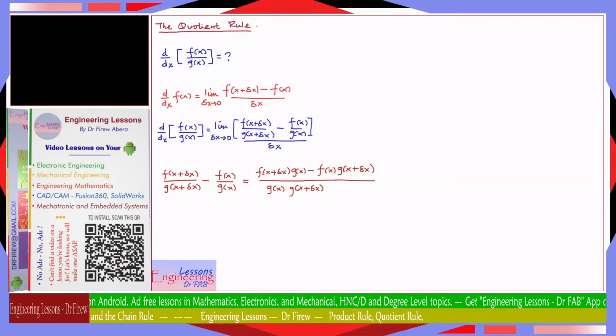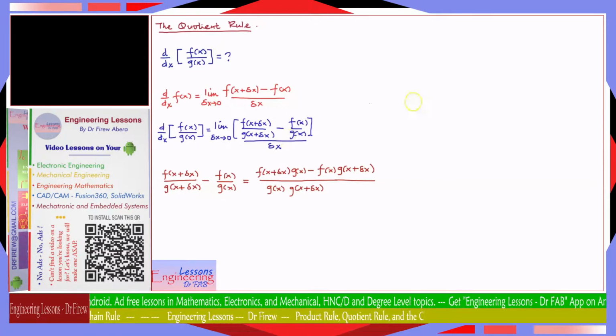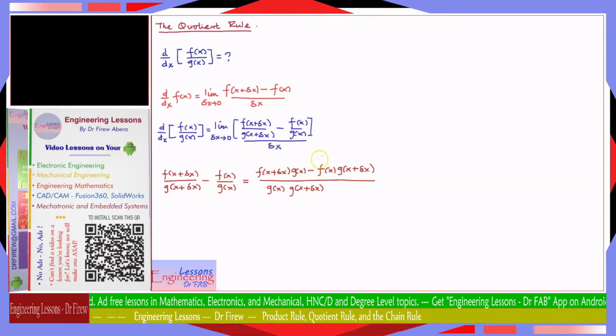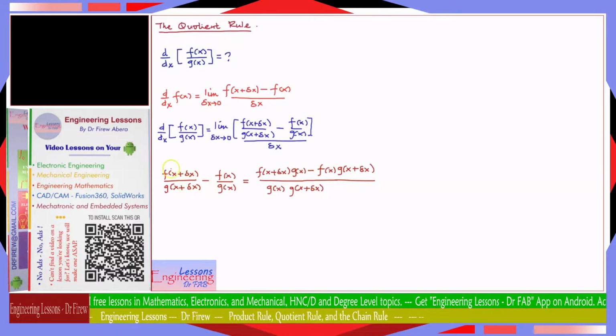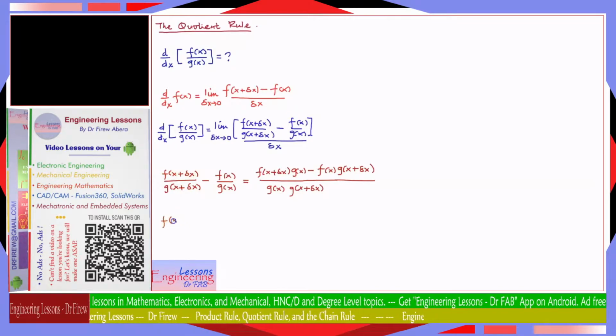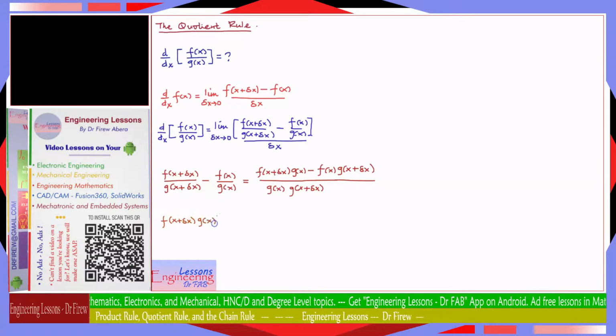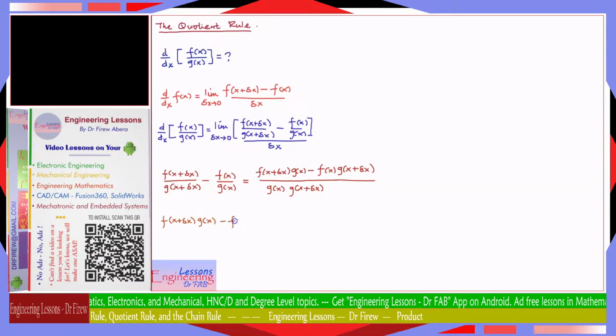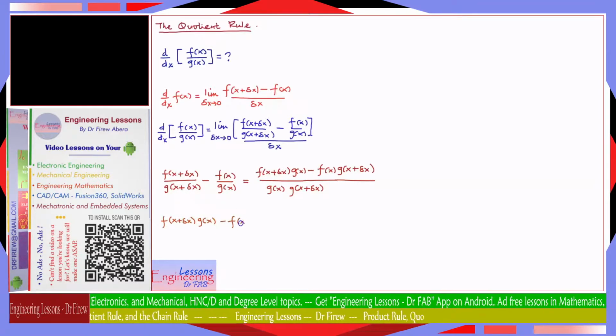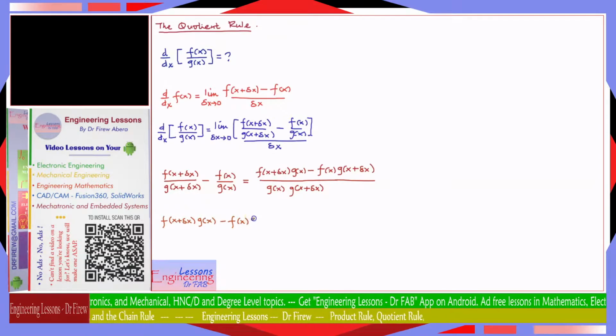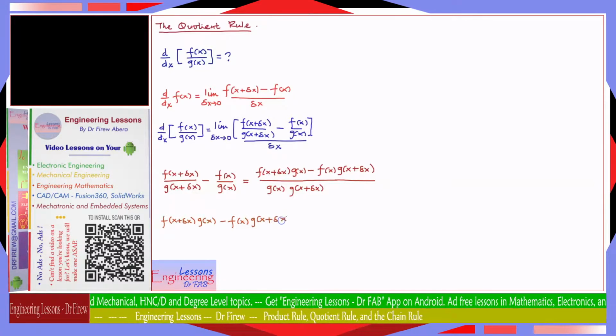Now again let us concentrate on this part. What we have is f of x plus delta x times g of x, minus f of x times g of x plus delta x. So that's what we have here.